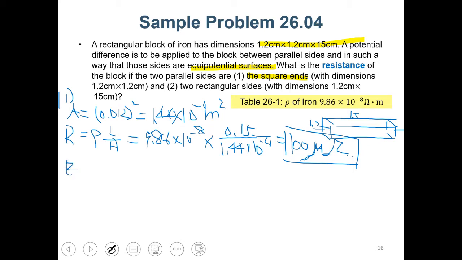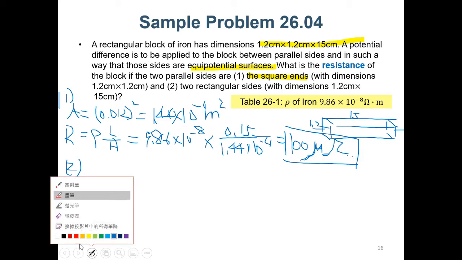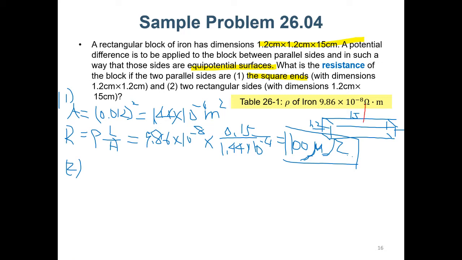So for the second one, two rectangular sides with dimension 1.2 times 15 centimeters squared. Which means that for the second case, we use these two sides, somehow like this.